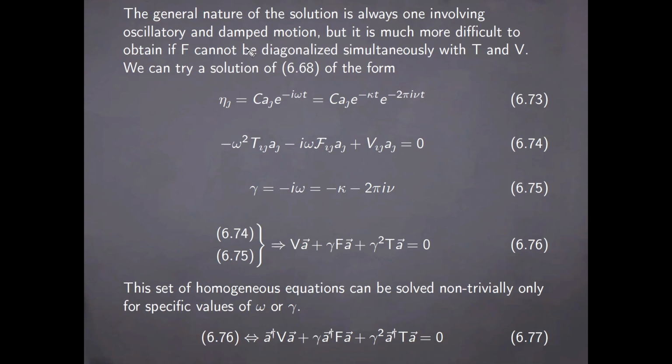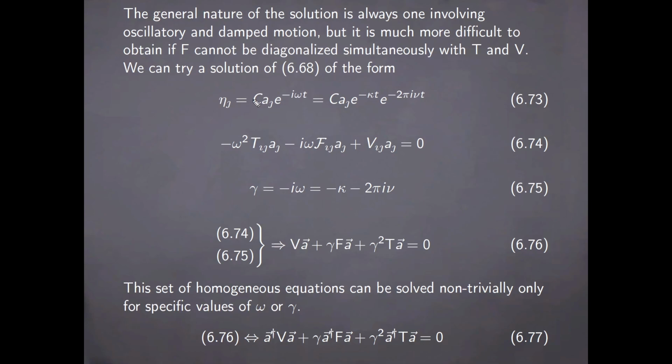So the general nature of this solution is always one involving oscillatory and damped motion, but it is much more difficult to obtain if the matrix of the dissipation function cannot be diagonalized simultaneously with the matrices of the kinetic and potential energies respectively. So we can try a solution of 668 of the form here.